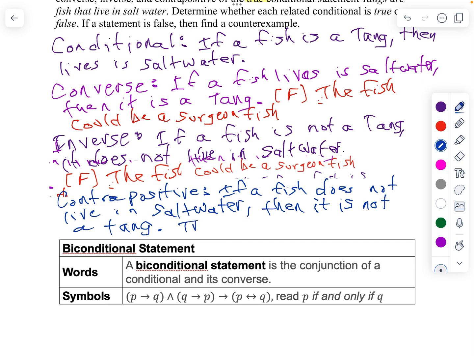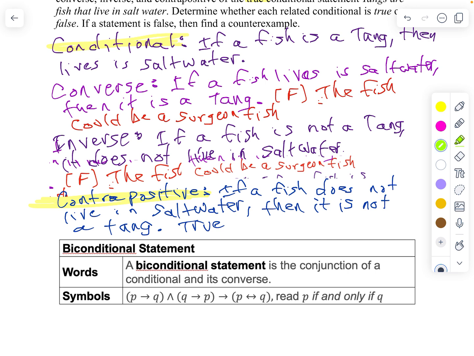And that's going to be how it always works when it comes to true and false. Whatever the truth value of my conditional statement is, the contrapositive will be that same truth value. So the conditional is true, the contrapositive is going to be true. If the conditional is false, the contrapositive is going to be false.